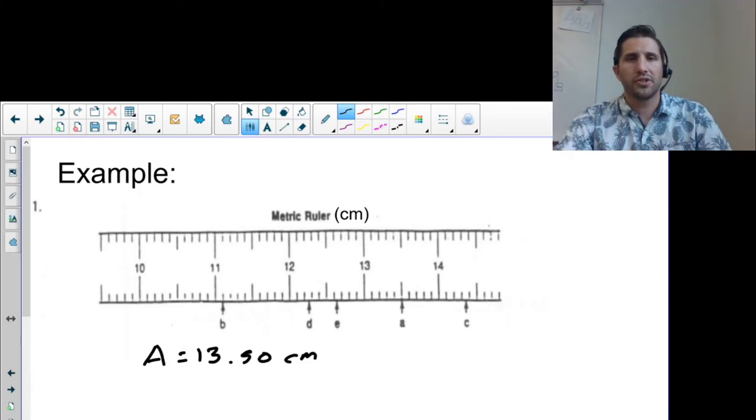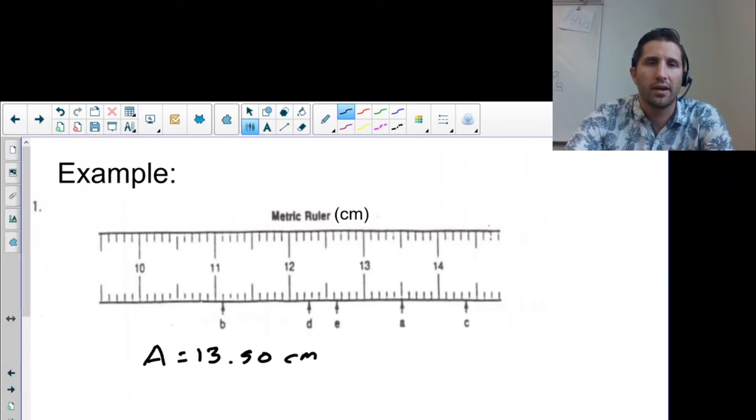Notice in this measurement that I'm certain it's 13, it's not 12, it's not 14 centimeters. I'm also certain that it's 0.5, it's not 0.4, it's not 0.6. The 0, however, is what we call an estimated digit. It looks to me like there are no hundredths of a centimeter, but we might not completely agree on that.